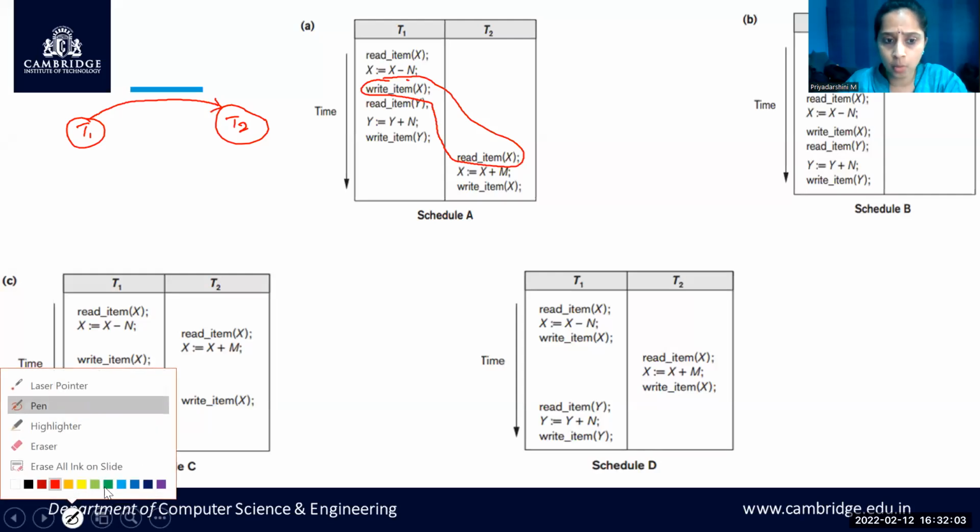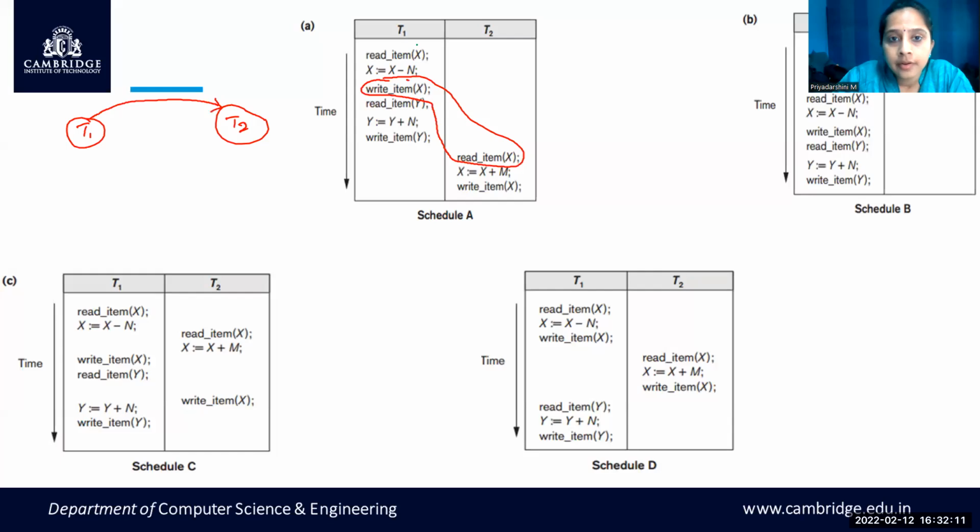You could see one more, which is from read item X to write item X. Both are the same now. I'm not bothered whether it is a read-write or write-read.